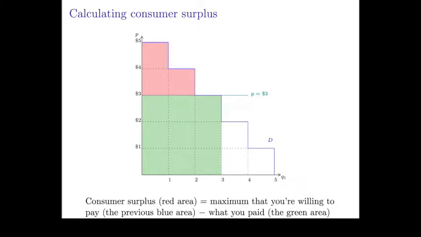If we subtract from what it's worth to you, in other words, what you're willing to pay for the 3 units, what you actually pay for it, which is 9, we're left with this area. And that's your consumer surplus. This shaded area up here tells us what your consumer surplus is from buying the 3 units at the price 3.